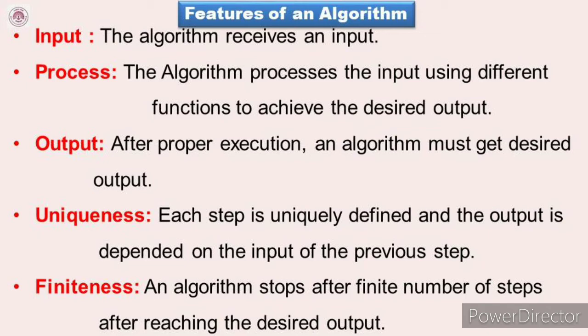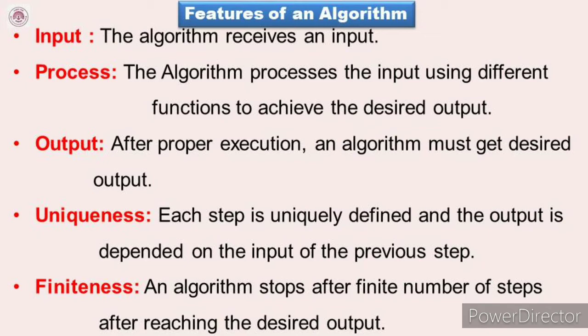There has to be finiteness. An algorithm stops after a finite number of steps after reaching the desired output. If finiteness is not there, when a program is made based on this algorithm, your program will hang.